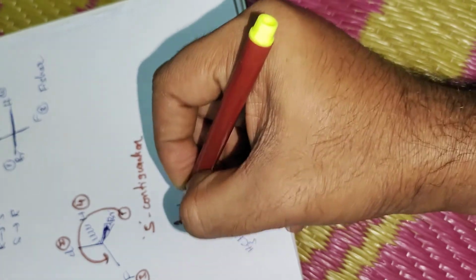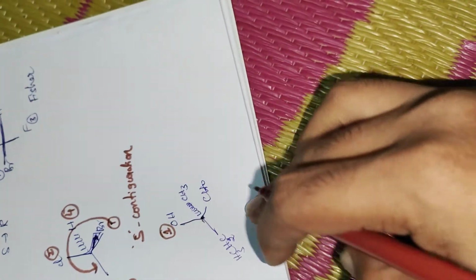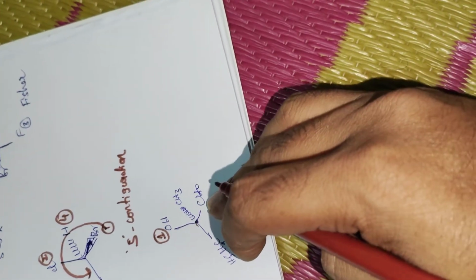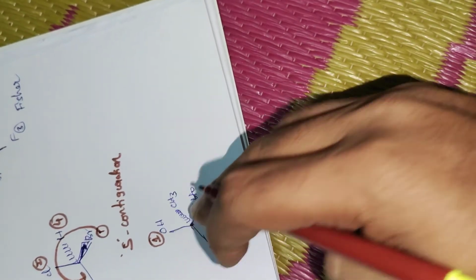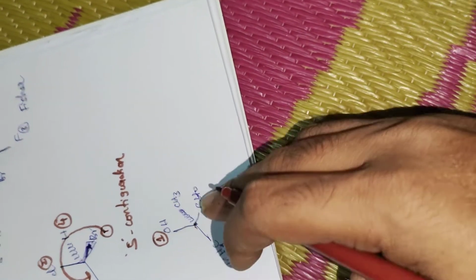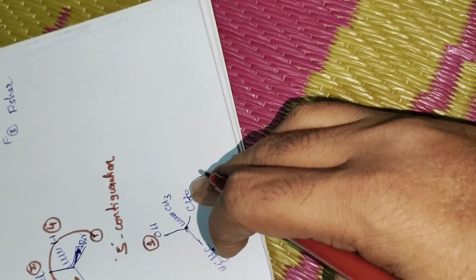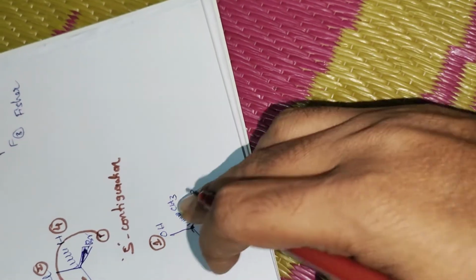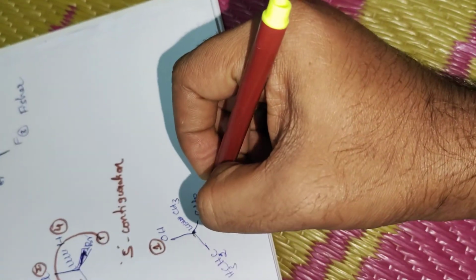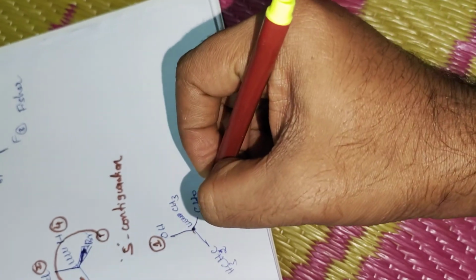We give first priority to OH, and for the second priority, here carbon is there, here also carbon is there, here also carbon is there. After that, here the carbon is attached to oxygen, here the carbon is attached to one more carbon, so we give the second priority to this atom.